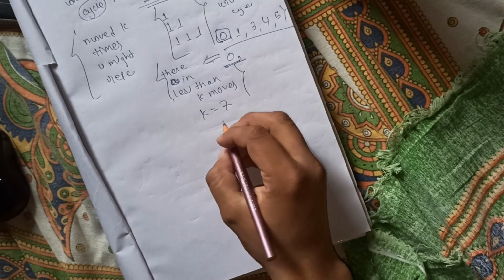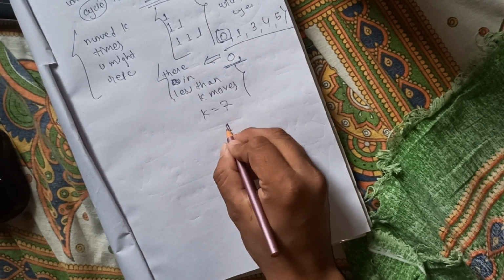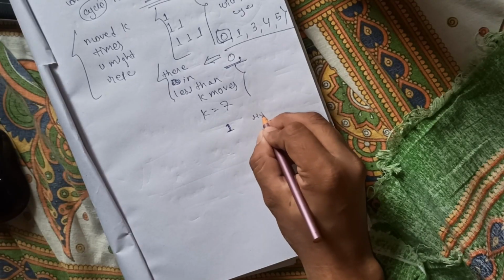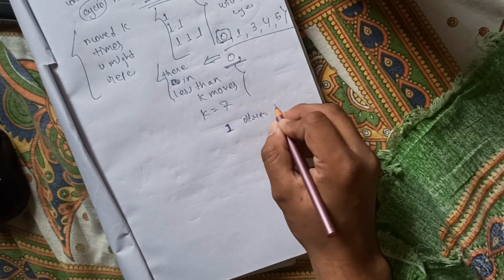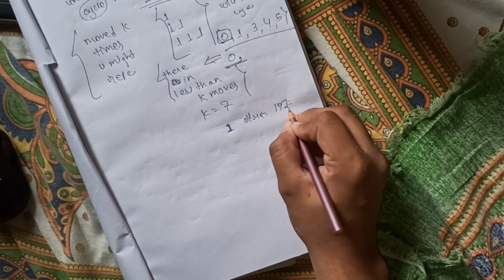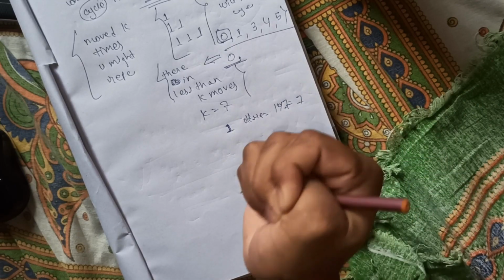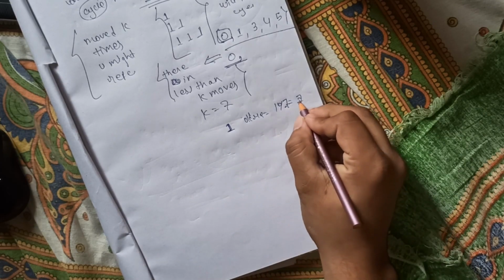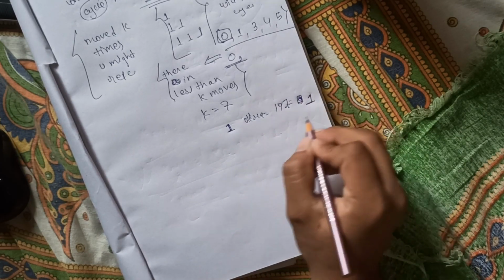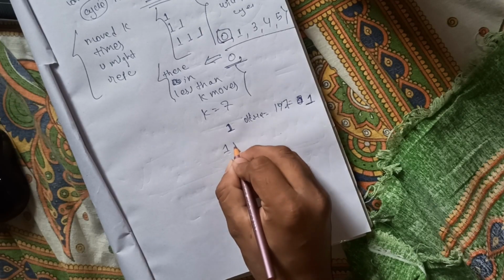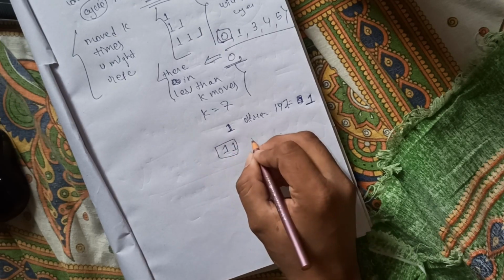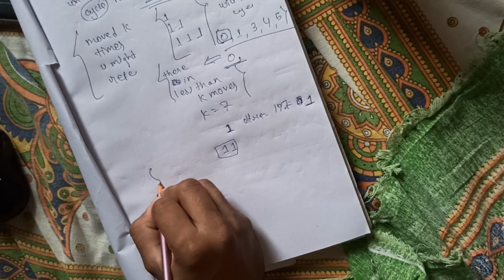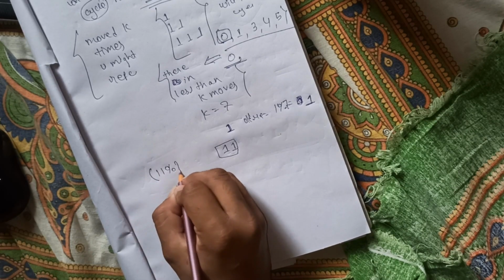For k equal to 7, first let's take 1 and find the remainder. The old remainder is 1 modulo 7, which is 1. Now the next number will be 11, and 11 modulo 7 is 4.